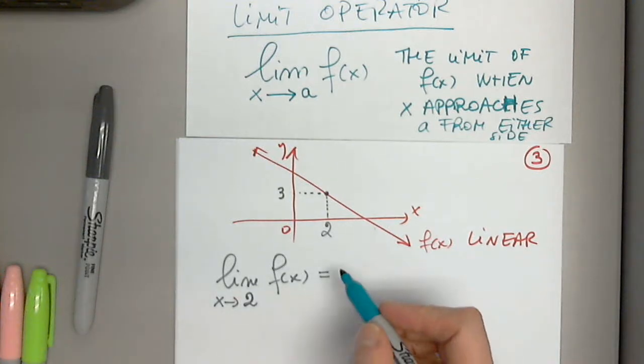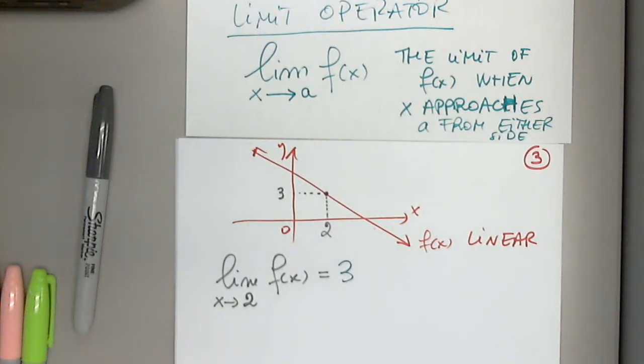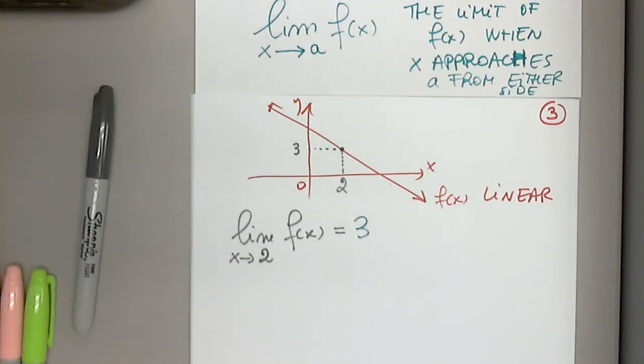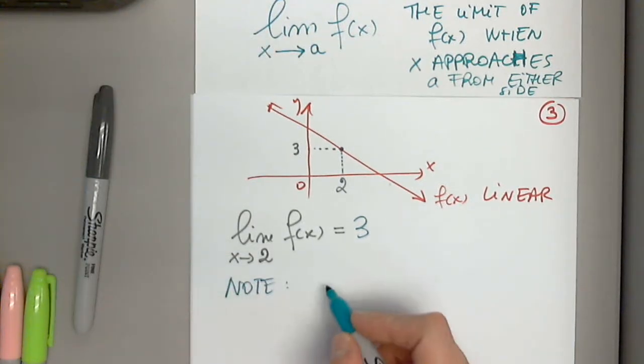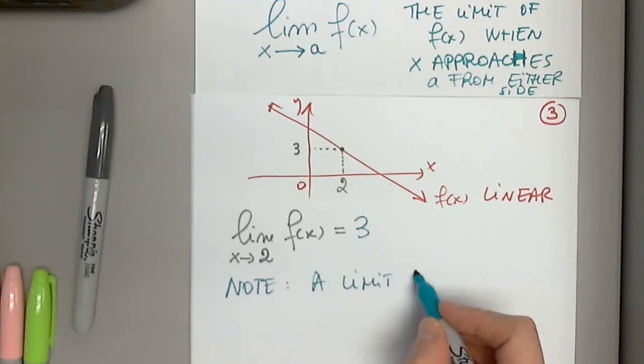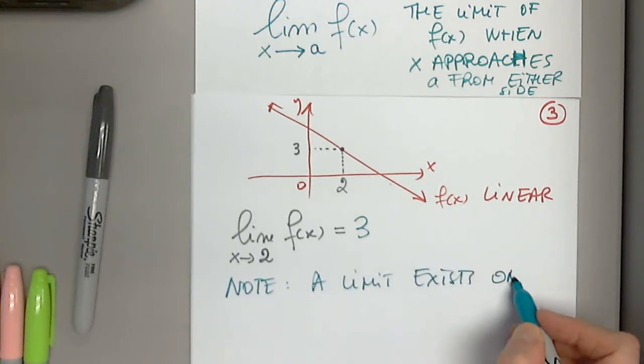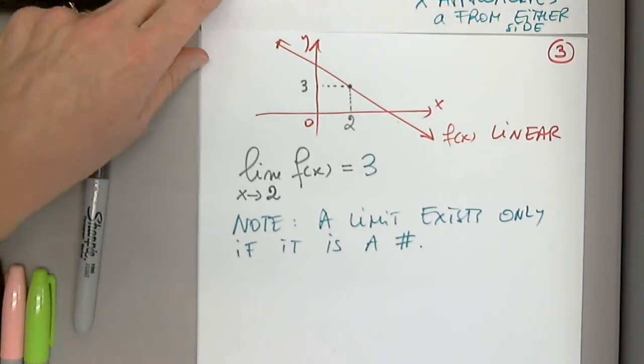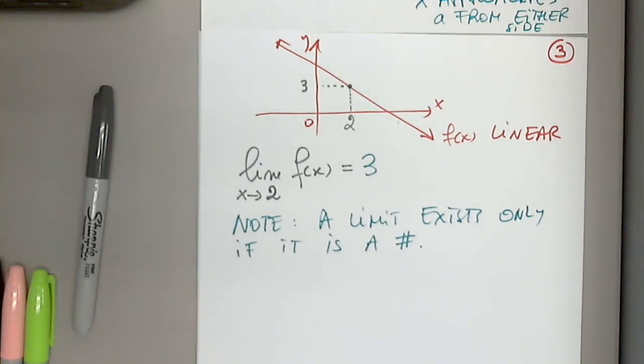So then we say that the limit of this function, whatever function that is, as x approaches 2 from either side is 3. Note, a limit exists only if it is a number.